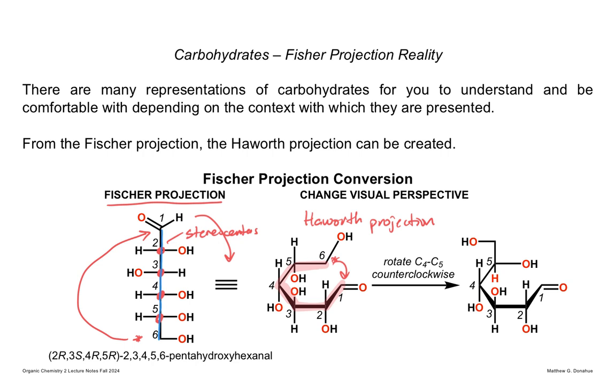Just to give you the short answer, the reason that glucose has been chosen by nature is that when it's in a ring, all the substituents are equatorial. And we remember from Organic 1 that equatorial substituents are lower in energy than axial ones. And so nature has chosen that path for glucose.